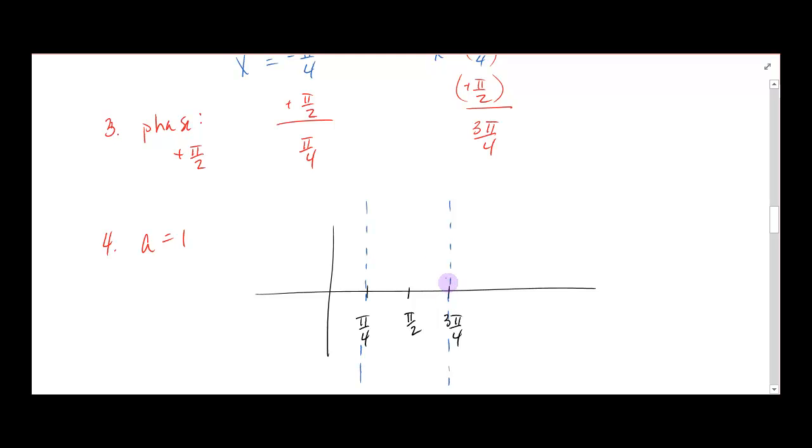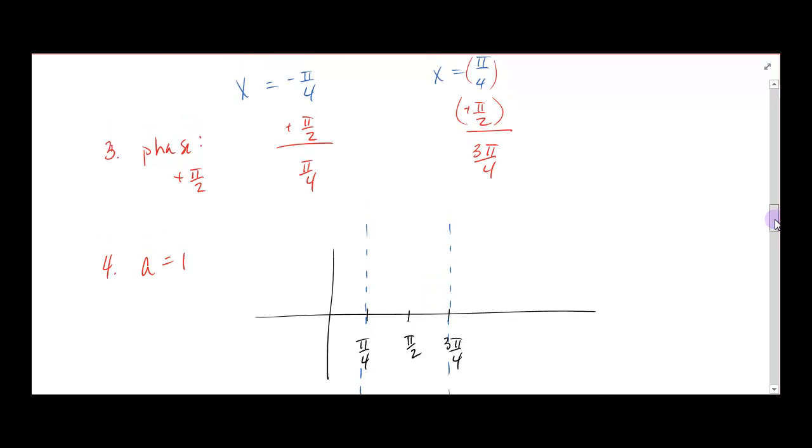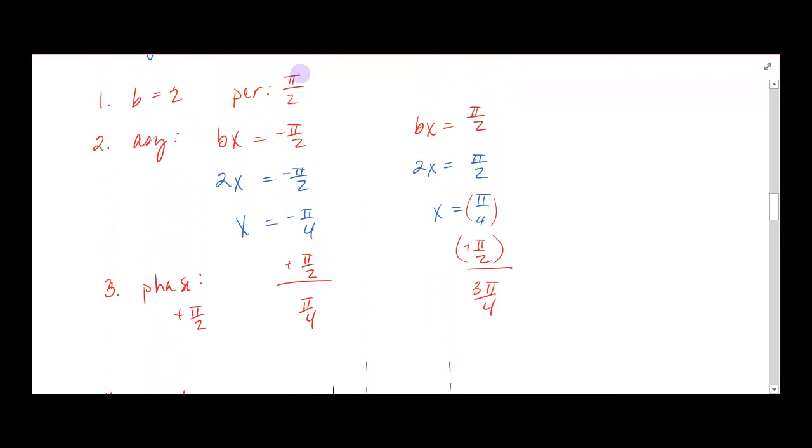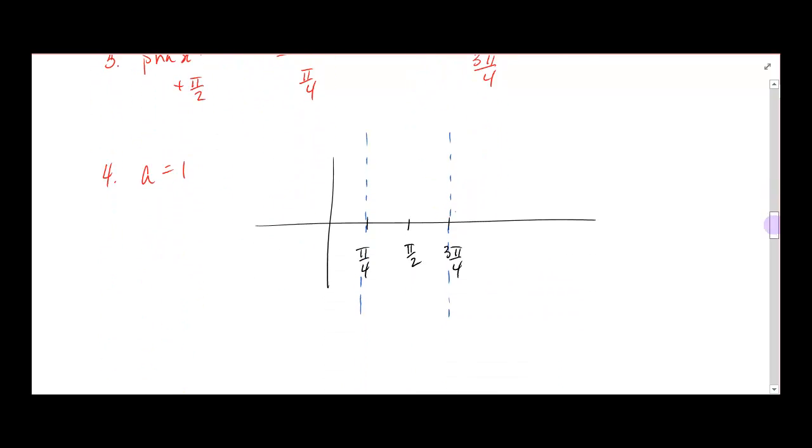So what do we know about a tangent function? The period for this particular function is pi over 2. So to the right of this asymptote, I'm going to add 1/2, and to the left of this asymptote, I am going to subtract 1/2. Okay?